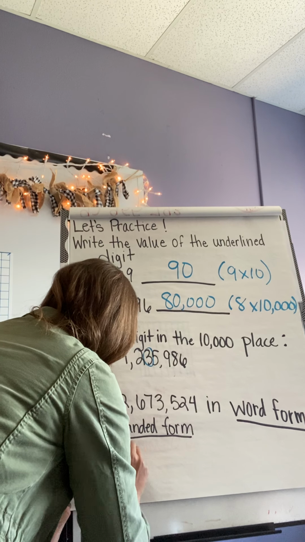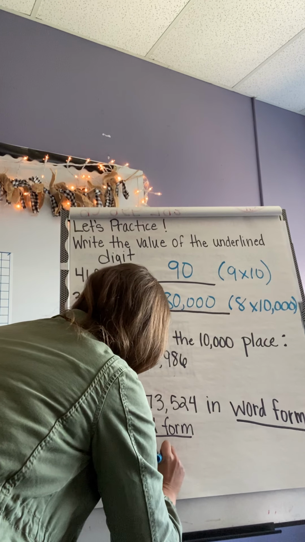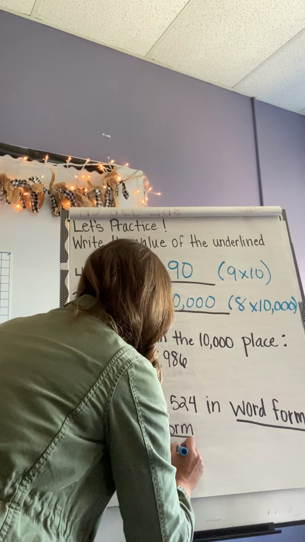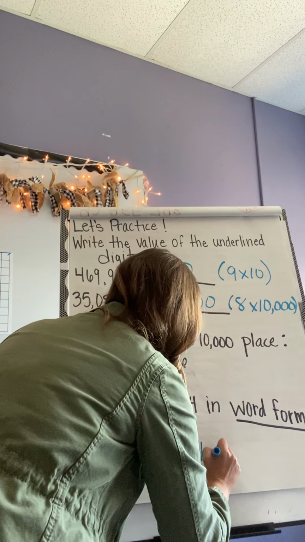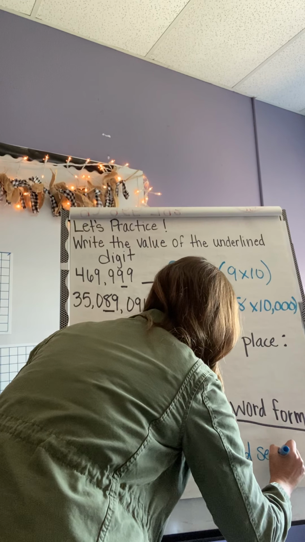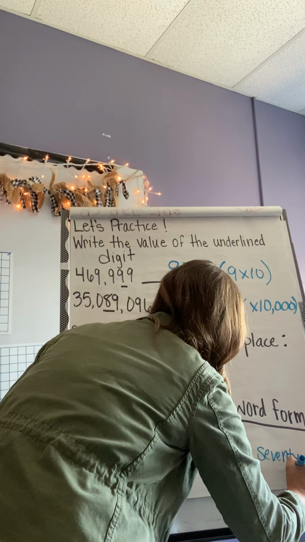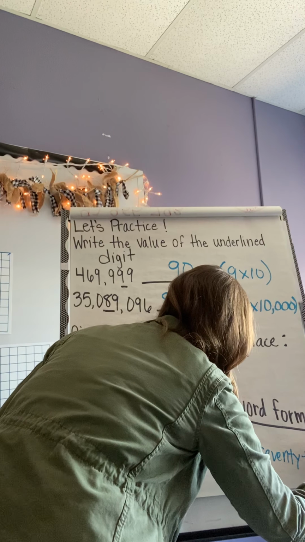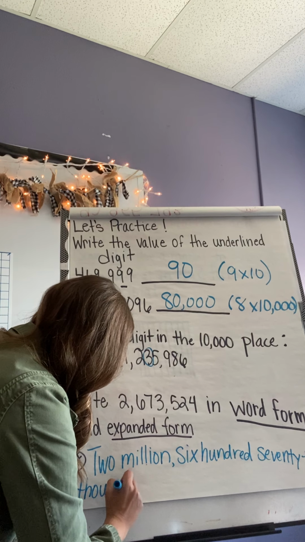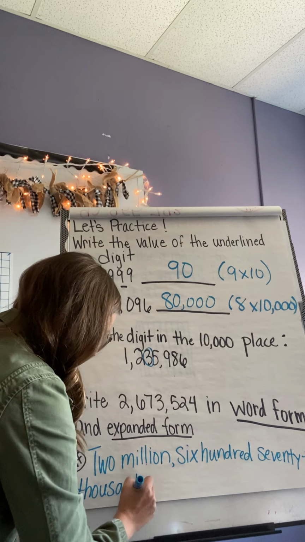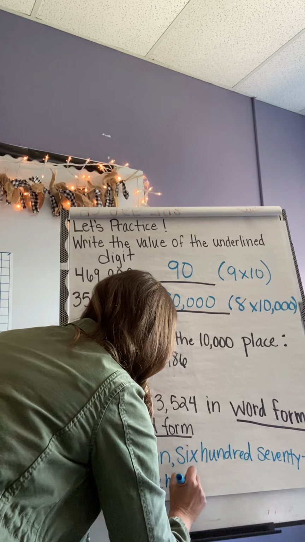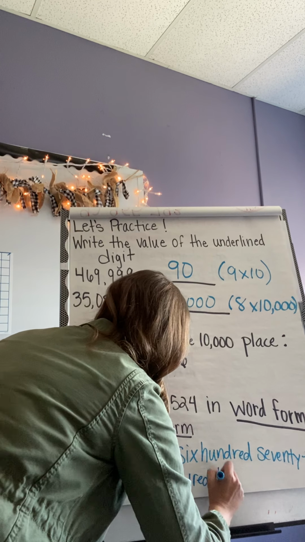2 million, and I'm going to put my comma there because that's the end of that period. 673 thousand, comma, 524.